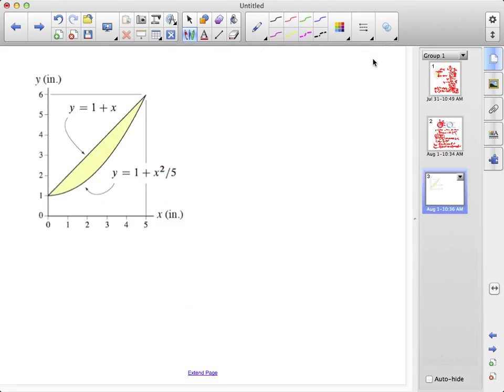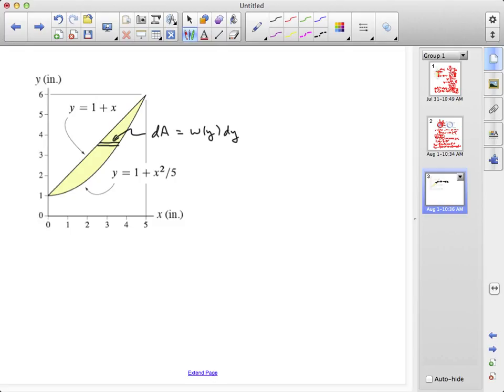Finally, we end up with our third example where we have an area that's defined by these two bounding curves, and we want to find values of Ix and Iy. For Ix, we're again restricting ourselves to an area increment that's a horizontal strip, so this is going to be a width as a function of y dy.